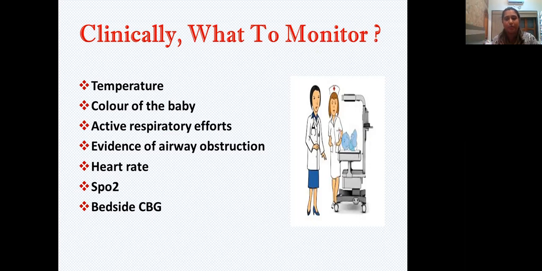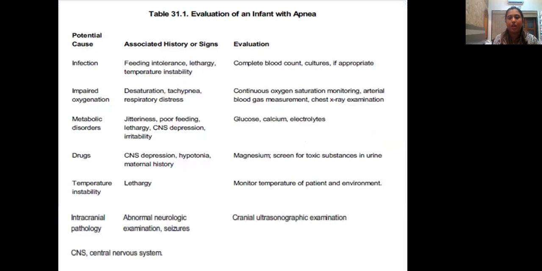Then, of course, heart rate, because there may be bradycardia associated with the apnea, and SpO2, and of course, bedside CBG, because hypoglycemia is also a very common cause of apnea. So this is the detailed evaluation of an infant with apnea that we want to do.